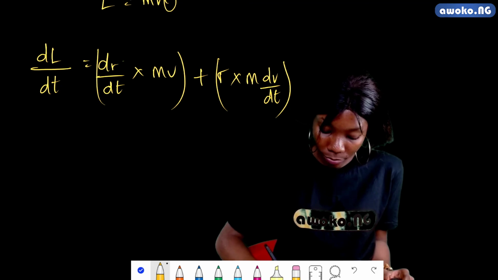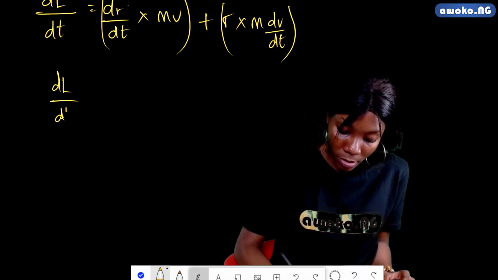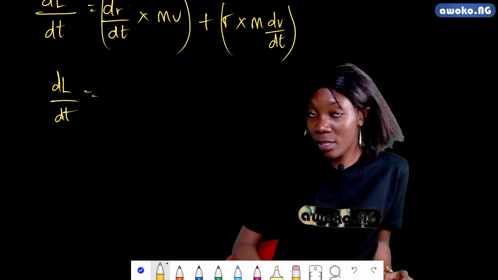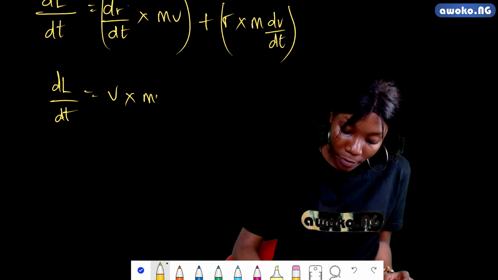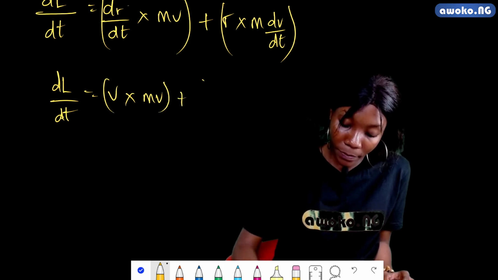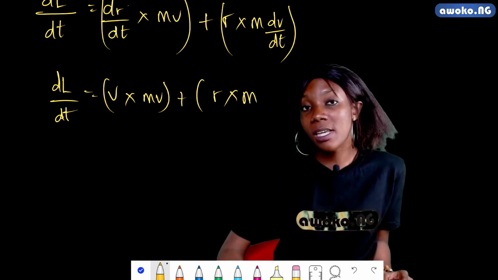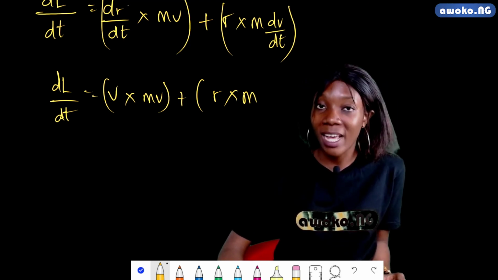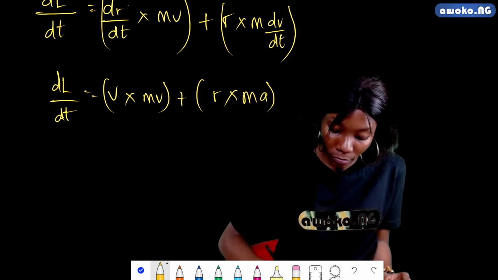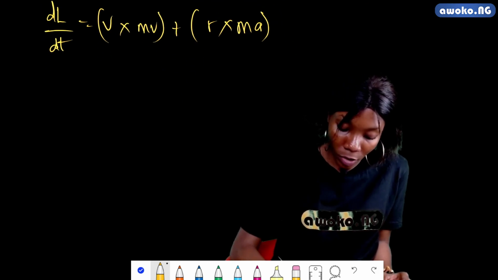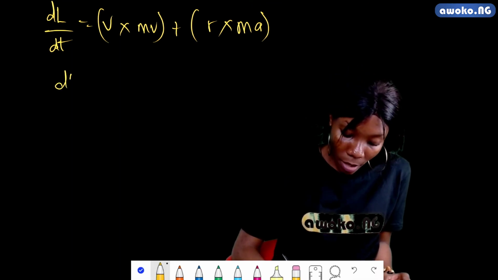Okay, so dr over dt is velocity, right? So we put that down, v cross mv, plus r cross m, and dv over dt is acceleration, right? That's the change in velocity over time. So we put that down, a. So we have dL over dt.